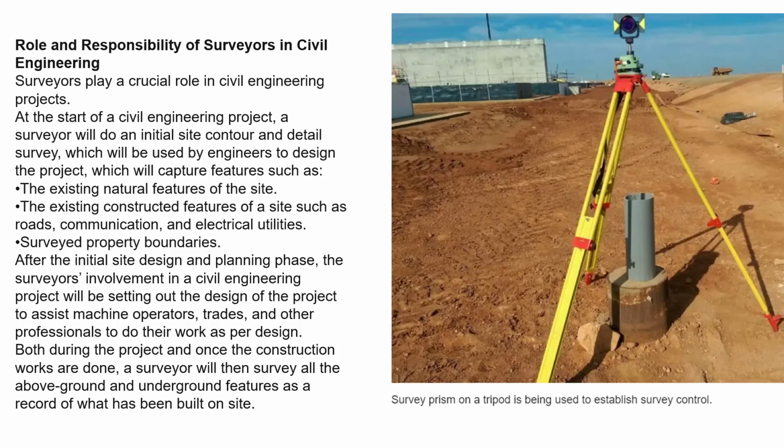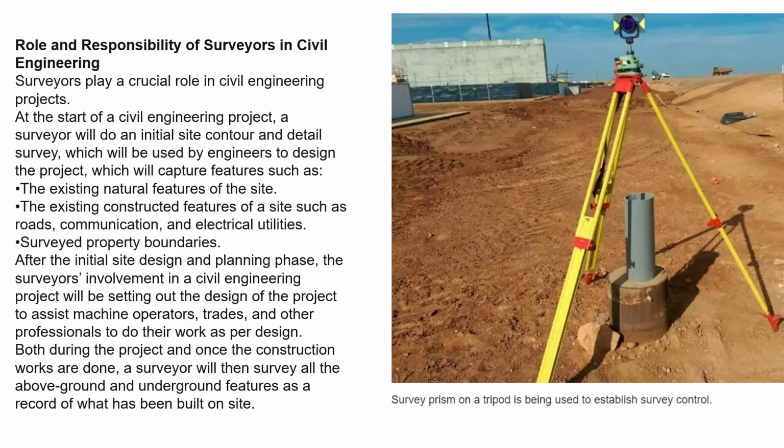Surveyed property boundaries. After the initial site design and planning phase, the surveyor's involvement in a civil engineering project will be setting out the design of the project to assist machine operators, traders, and other professionals to do their work as per design.